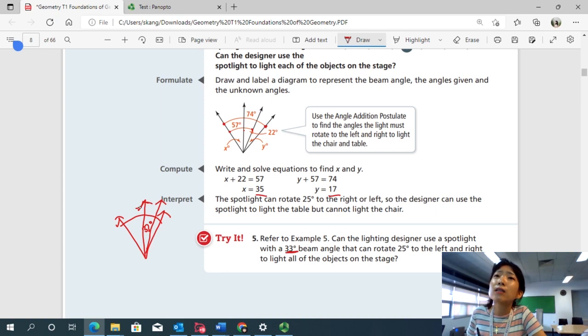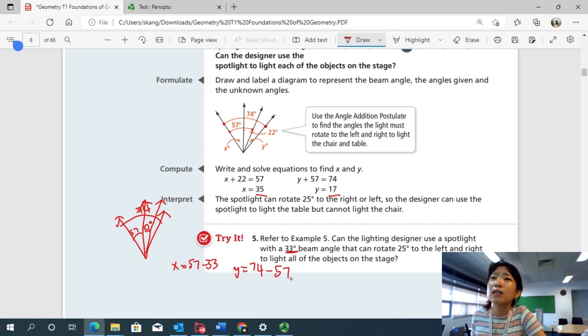The new x. Well, 74 and 57 doesn't change. So the new x would be 57 minus 33. And y would be 74 minus 57.